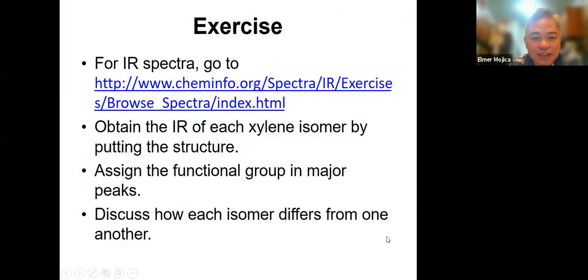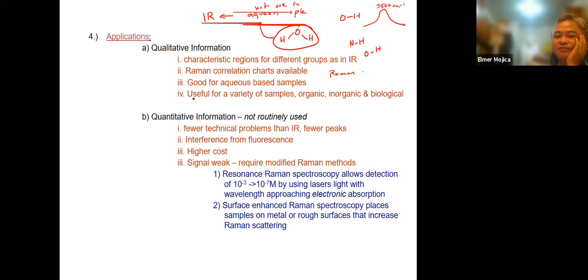And then another one: if your sample is fluorescent, you cannot use your Raman. Why? Because based on my discussion here, the Raman is a scatter. So when you have fluorescence, it is more powerful than the Raman scattering, so it will mask out the Raman scattering.